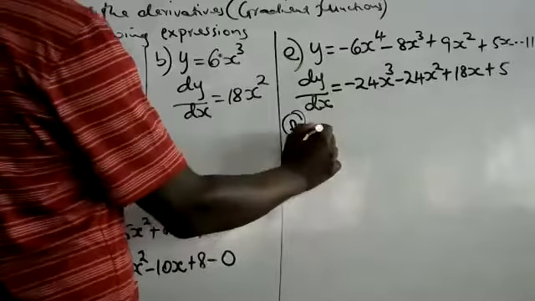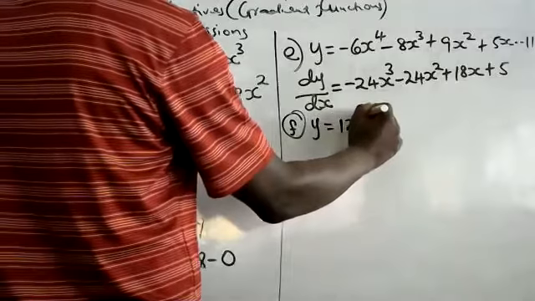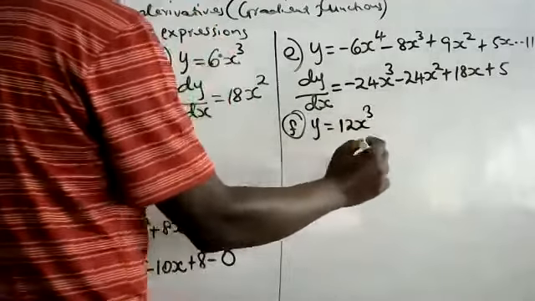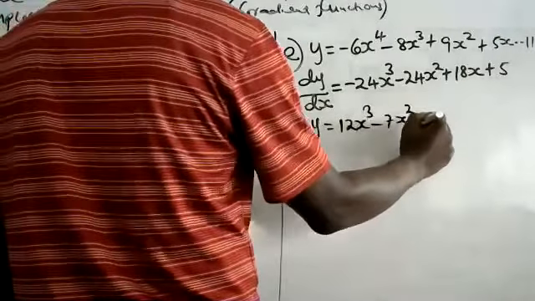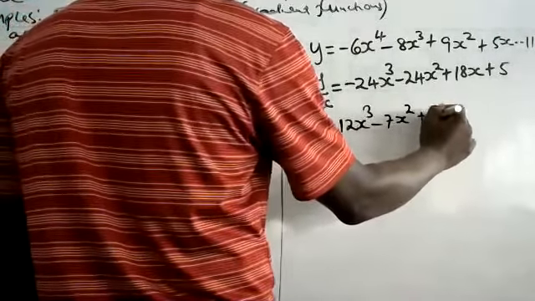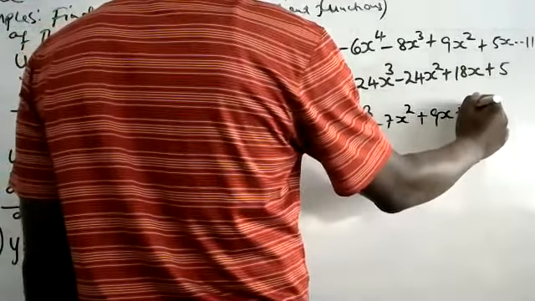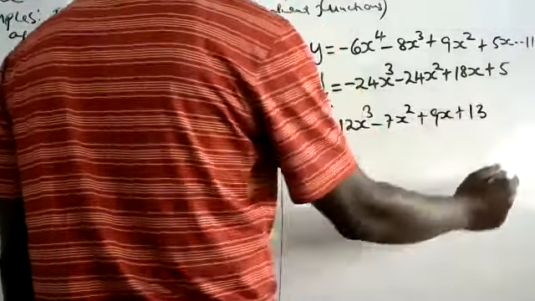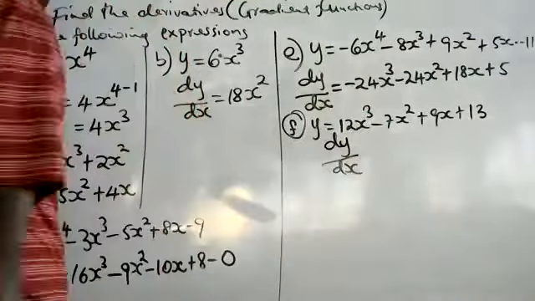If y is equal to 12x cubed minus 7x squared plus 9x plus 13, what is our dy over dx?